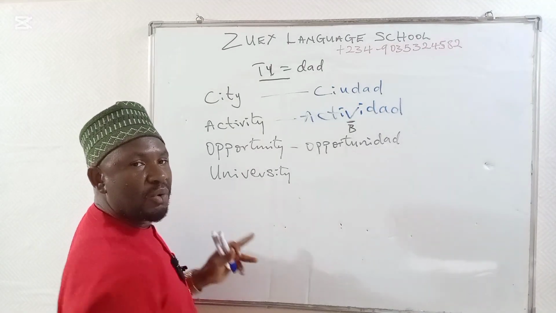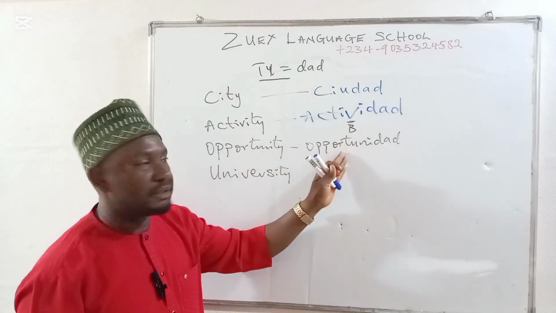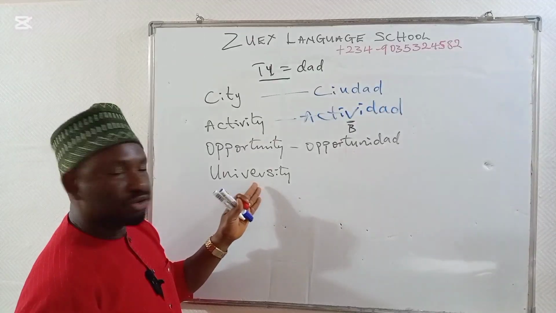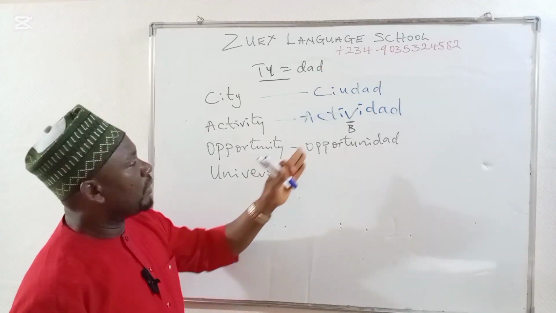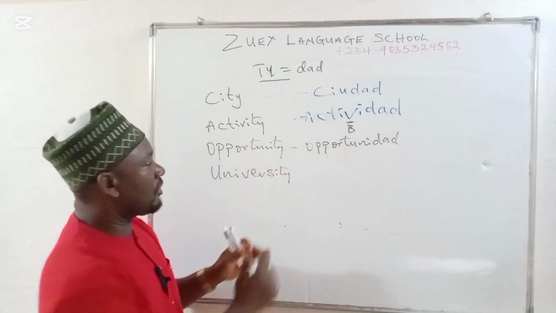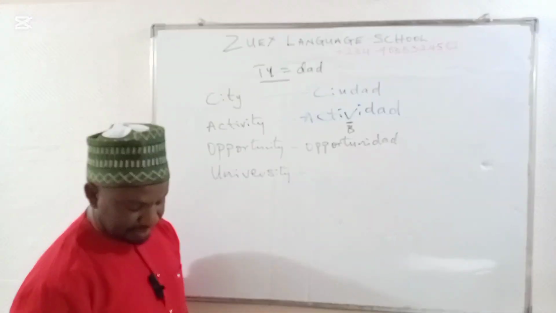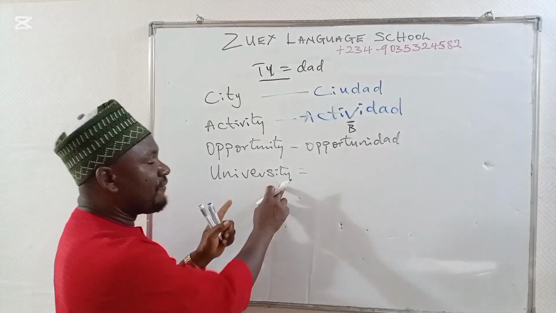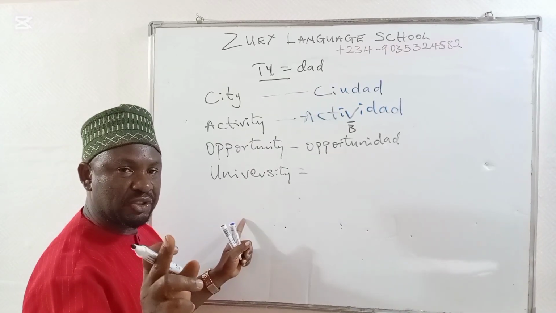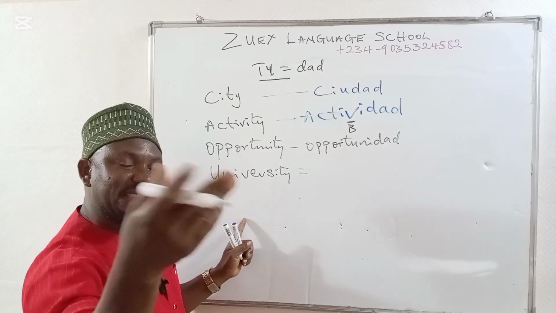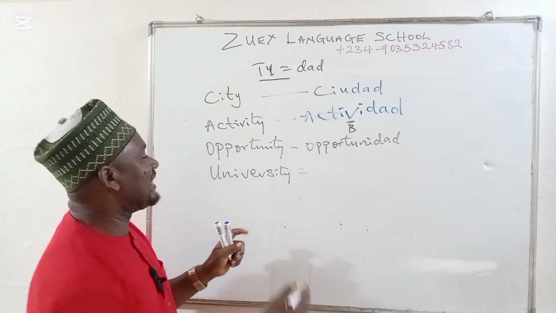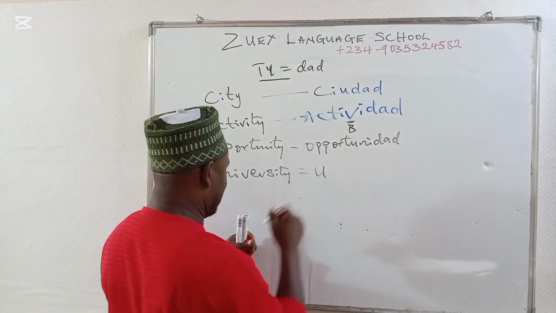University. With the little knowledge you have here, you can be able to convert it. So what do we have here? It's very easy. Convert it. You do it. I give you one second. Do it yourself. Universidad. Remember, this is it.